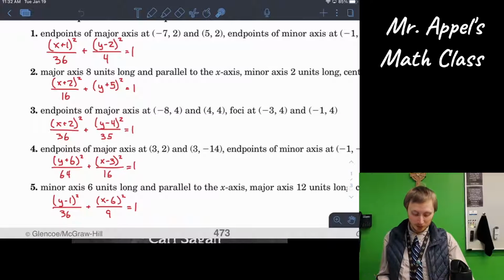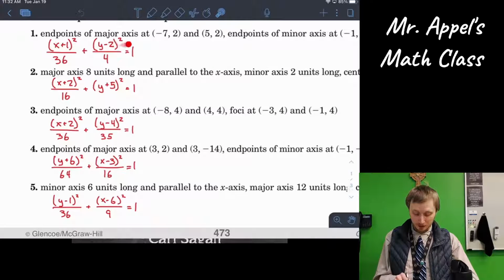Some of them requiring a little bit more work than others. You have to work out, if here's the endpoints of the axis, find the midpoint there to get your center. And if you know the major and minor axis, find those lengths to find A and B.